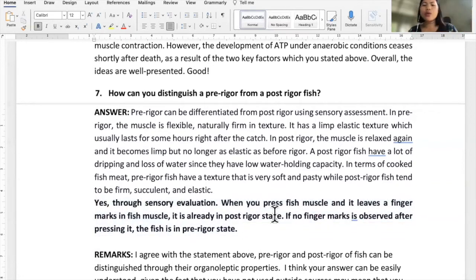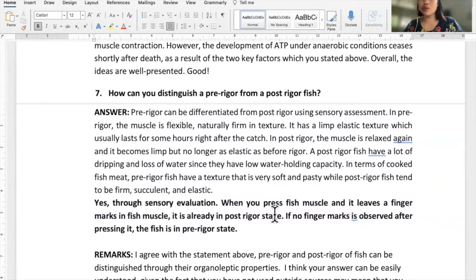So, when you press the fish, that's why our mothers, when they go to the market, are really touching the fish and checking. They are touching and checking the fish to see if their finger marks are left on the body of the fish. We don't really observe that much.